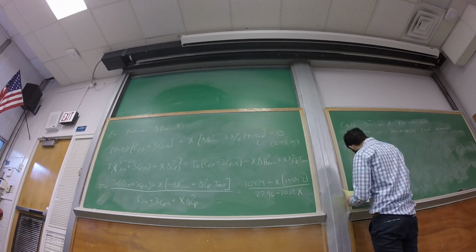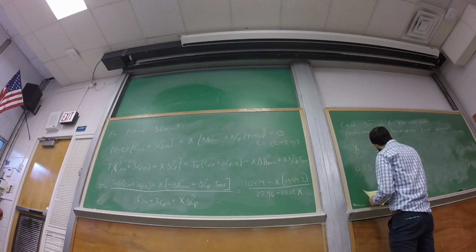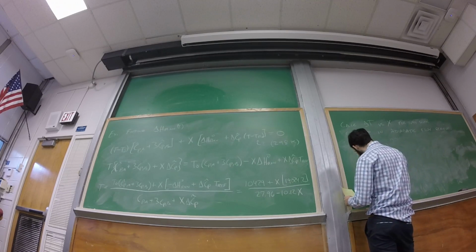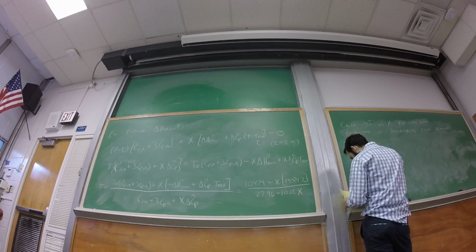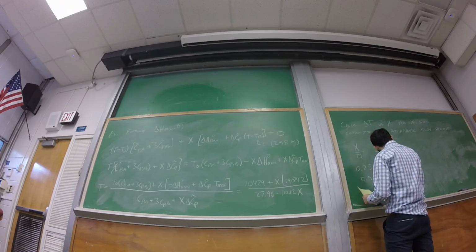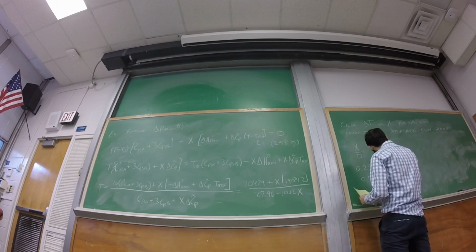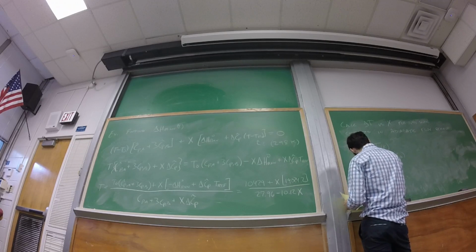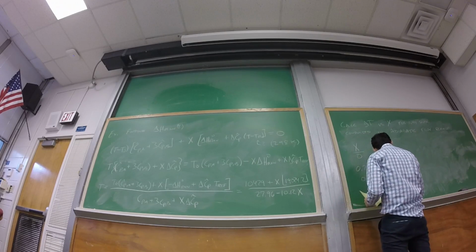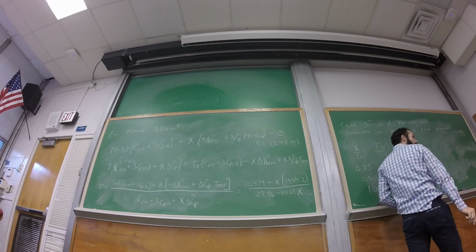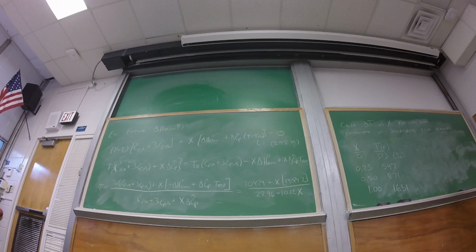At 25% conversion, you're up at 597. At 50% conversion, you're all the way up at 870 Kelvin. And at complete conversion, you're up at over 1600.